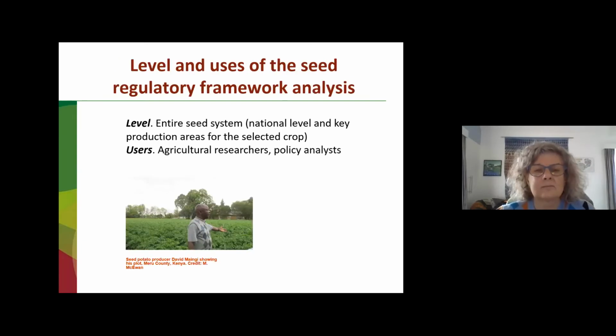This tool can be used to obtain an overview of the entire system for the selected crop. Data collection is carried out in key production areas but also with national level stakeholders. So it is working at the two levels. The users of the tools are agricultural researchers and policy analysts.